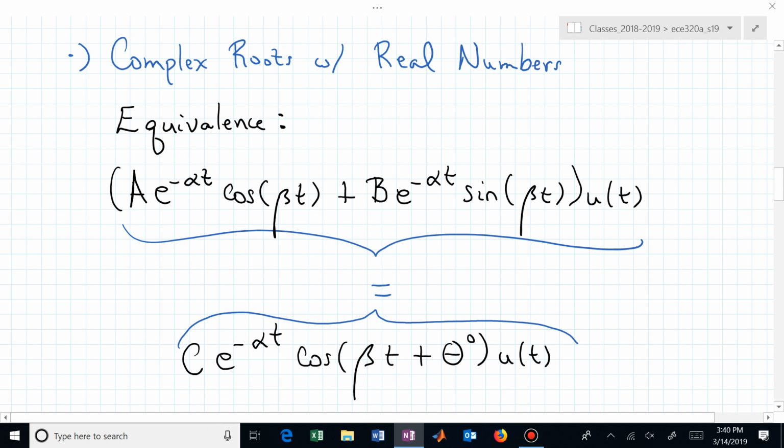It's shaking by beta, and that's the imaginary component of the complex root. It's not changing the way it's shaking in either way. What else is the same? The exponential decay, the alpha. How far into the left half plane are we? That didn't change with our poles, and it doesn't change in these equivalent relationships.